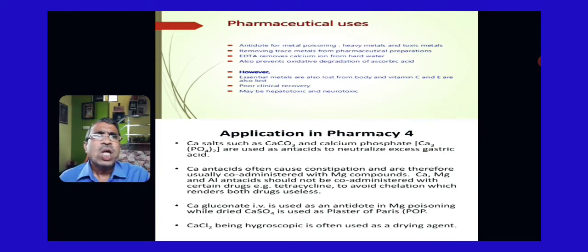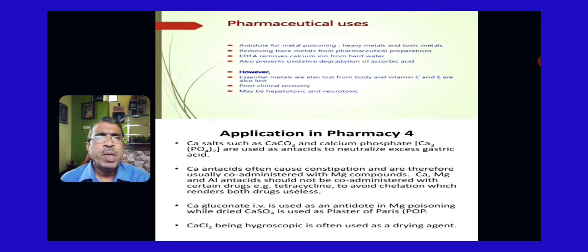The chelates have very wide applications in pharmaceuticals. So the calcium salts such as calcium carbonate and calcium phosphate are used as antacids to neutralize excess gastric acids. The calcium antacids often cause constipation and are therefore usually co-administered with magnesium compounds.